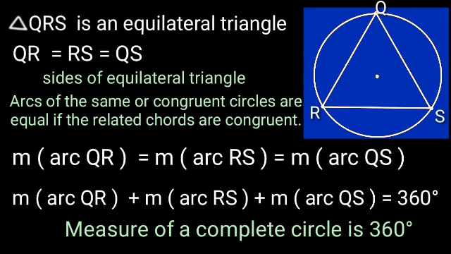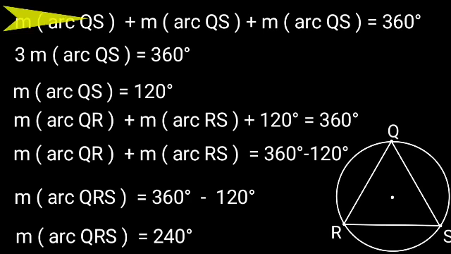The reason is the measure of a complete circle is 360 degrees. We substitute the congruent arc value: 3 times measure of arc QS is equal to 360 degrees.